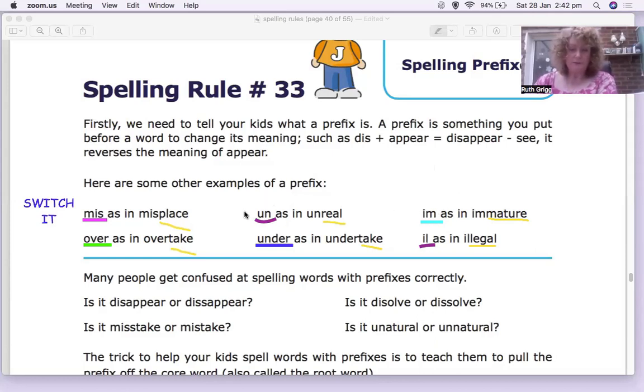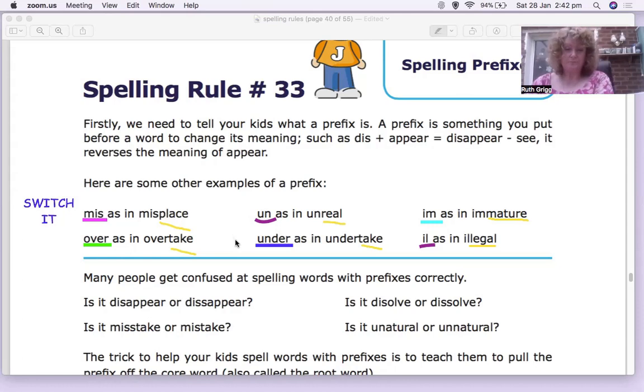So un means not. Im also means not. Mature means fully grown, so immature is not fully grown, or not fully come to their full potential, okay? Illegal, legal means something that is within the law. Illegal would mean it's not within the law. We've talked about this one, we've talked about this one, and this one.